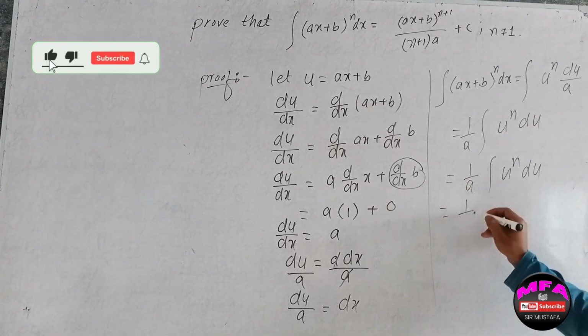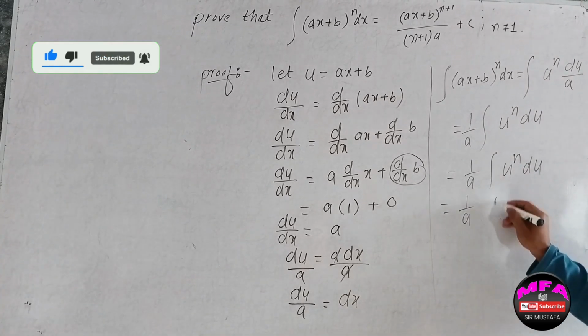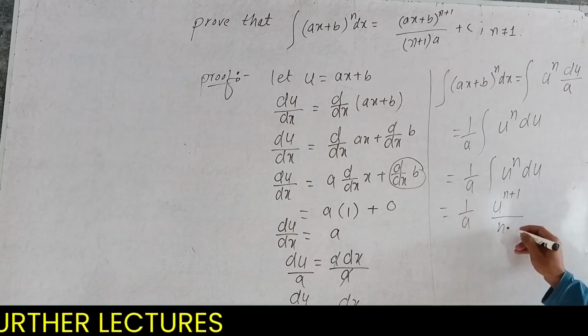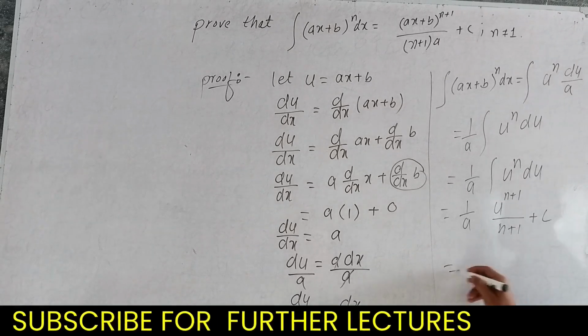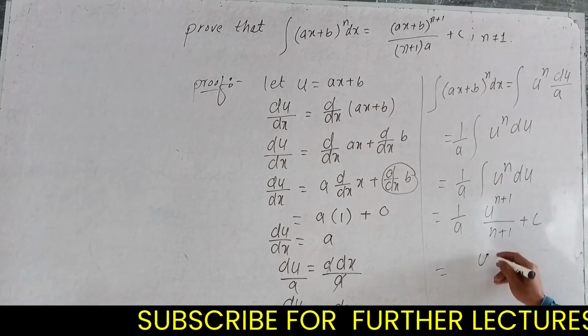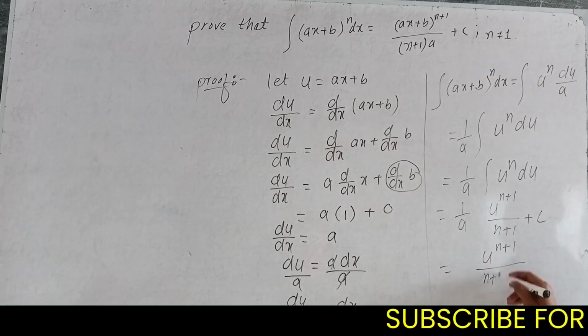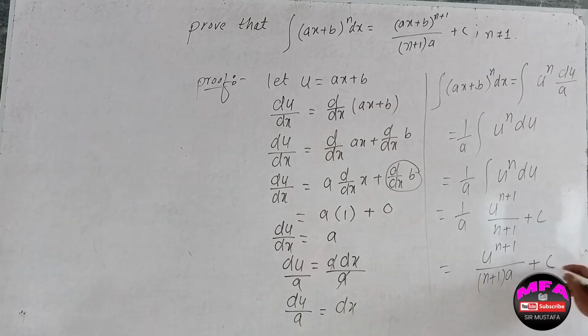So 1 over a times the integral of u^n is equal to u^(n+1) divided by (n + 1), plus c. So this implies u^(n+1) divided by (n + 1) times a, plus c. Here put u equal to ax + b, which we supposed. So this implies (ax + b)^(n+1) divided by (n + 1) times a, plus c.